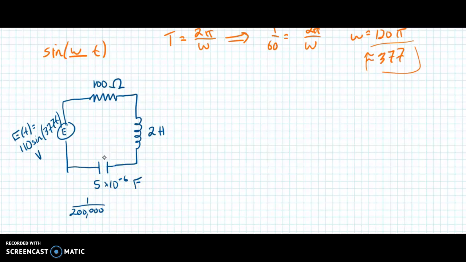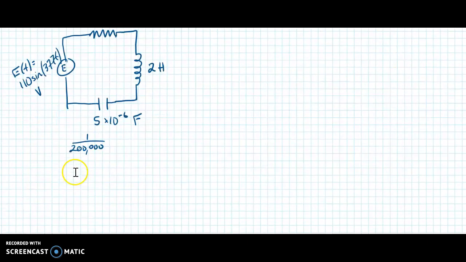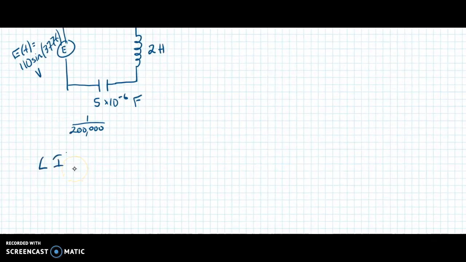We are going to use L I double prime plus R I prime plus 1 over C times I is equal to E prime of t.